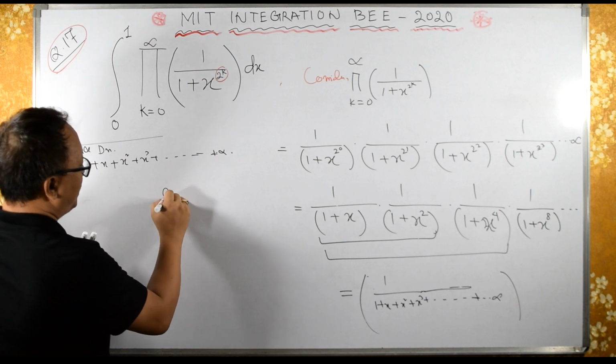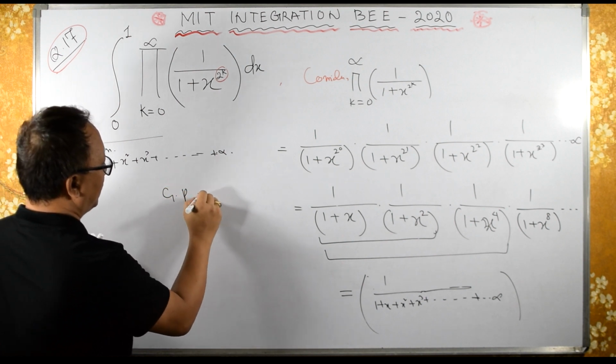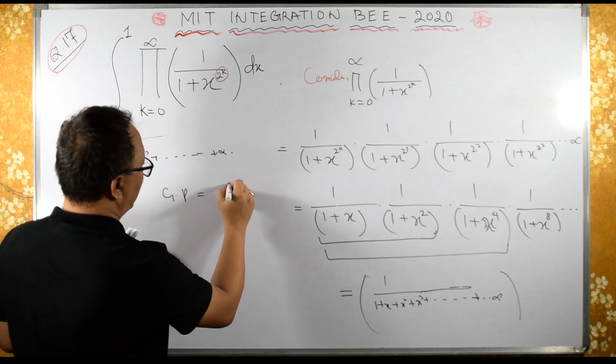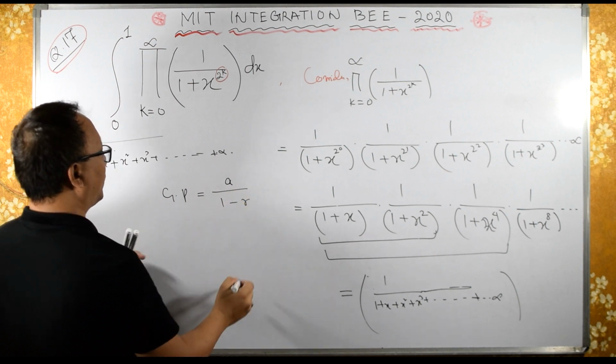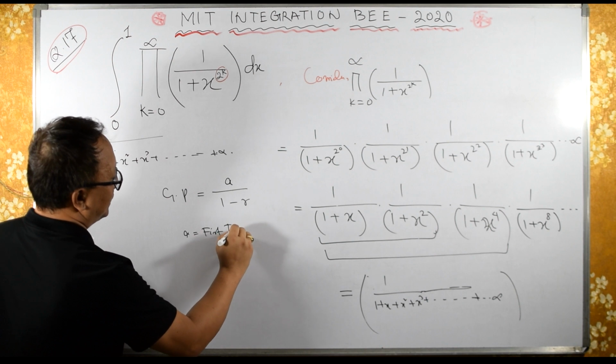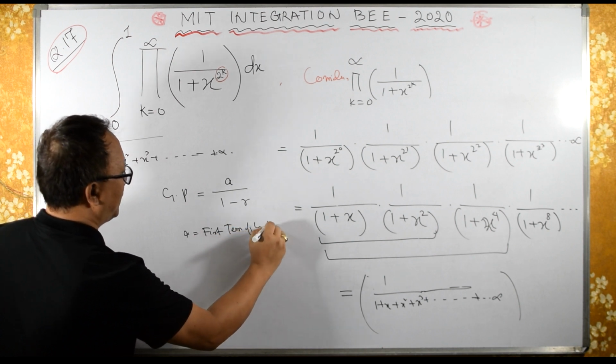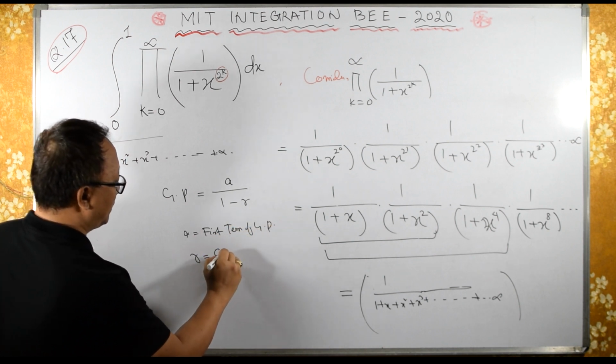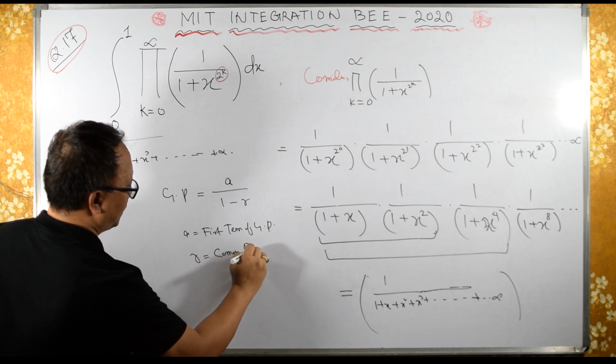Remember, we have a geometric progression. The sum to infinity is A upon 1 minus r, where A is the first term of the GP and r is the common ratio.